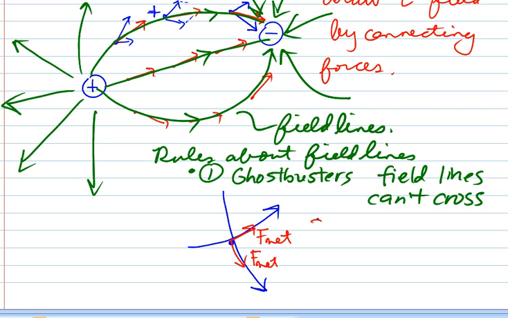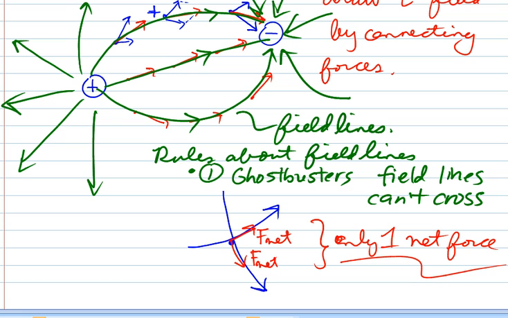And that's not possible because there's only one true net force. Okay? So, will the real net force please stand up? Please stand up. Alright, I can't believe I just did that. So anyways, there's only one net force. That's rule number one.